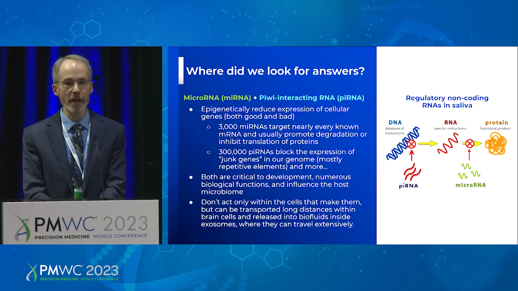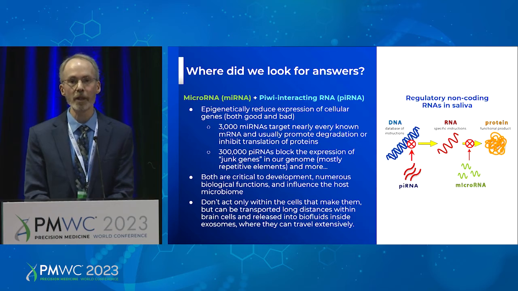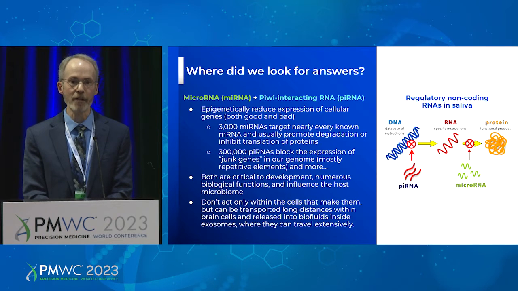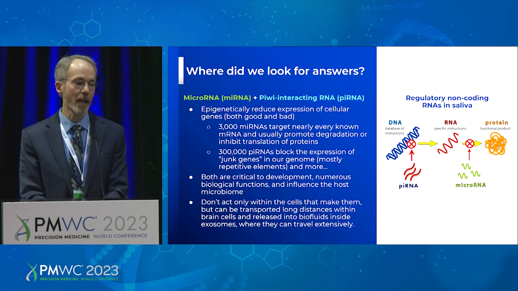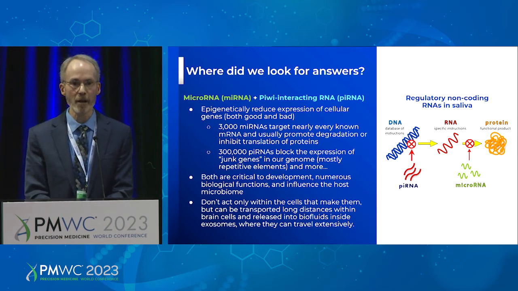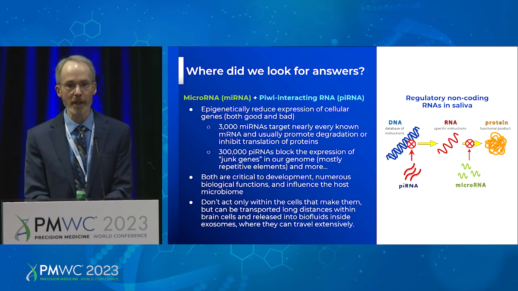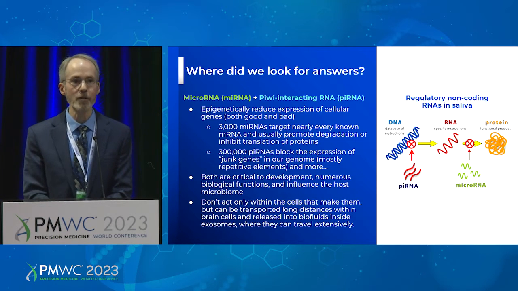Where did we look for answers? We focused on 2 molecular classes of RNA that you find in saliva at very high levels, microRNA and piwi-interacting RNA, or piRNA. Both of these share not only their length, they're approximately 20 to 28 nucleotides in length on average, but they also share the fact that they suppress gene expression.